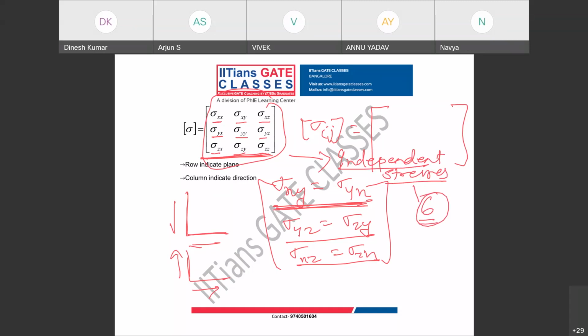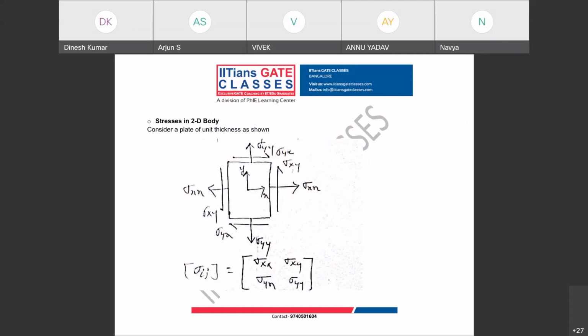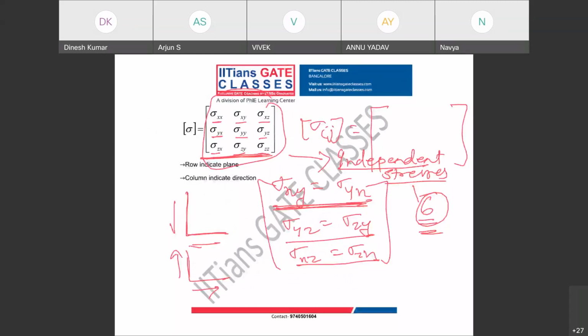This can be a GATE question for a three-dimensional stress system: how many independent stress components are there? 6. Okay. Fine.